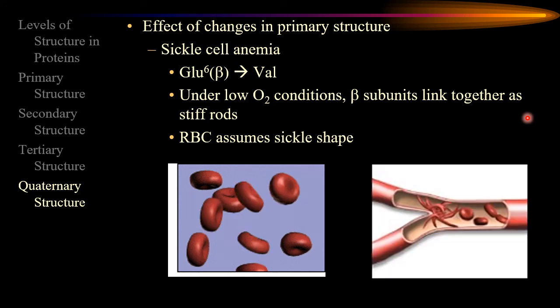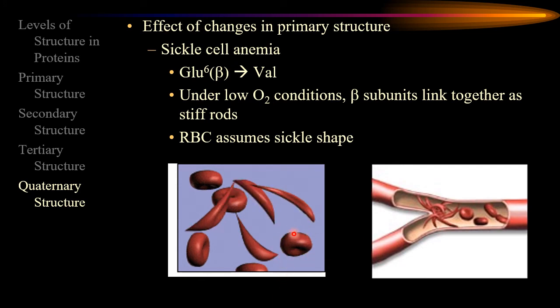And the trouble with that is that the normal disc shape allows for smooth flow into our veins, arteries, and capillaries. But the sickle shape cells get clogged once they reach the small confines of the capillaries. So there lies the trouble for the affected individual.